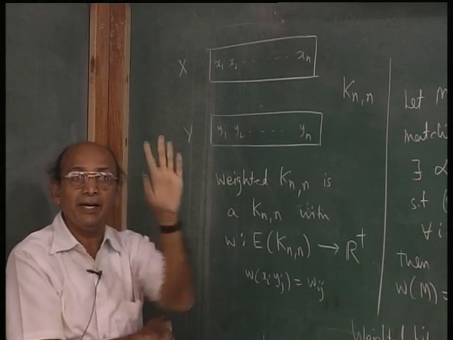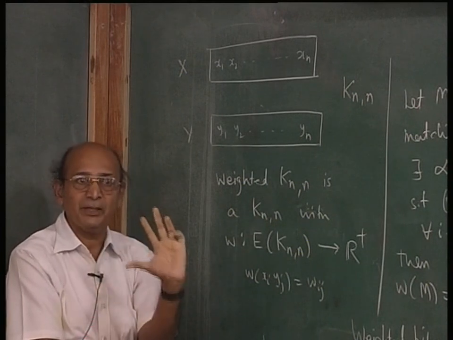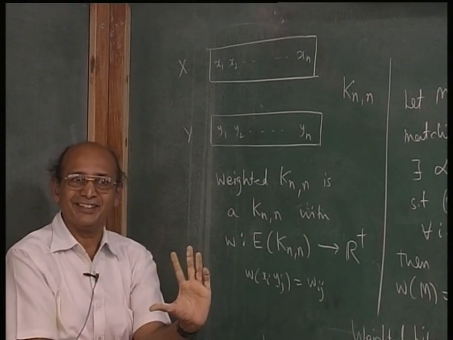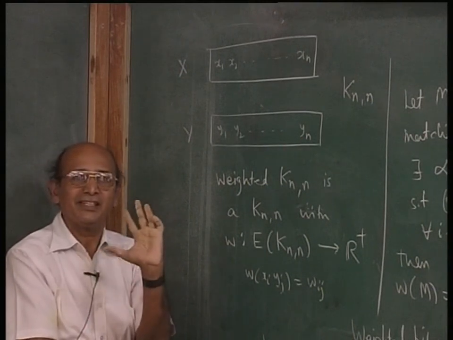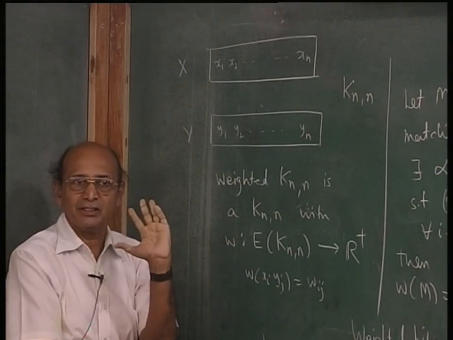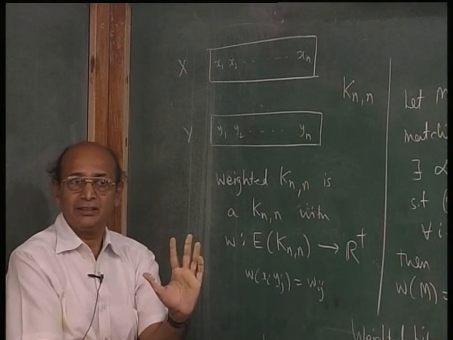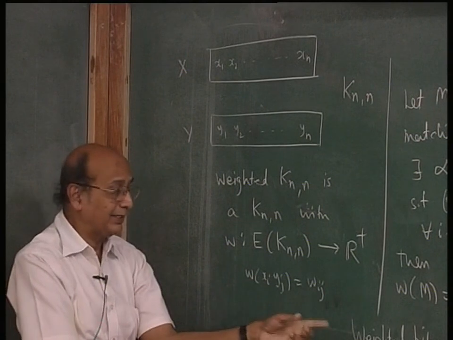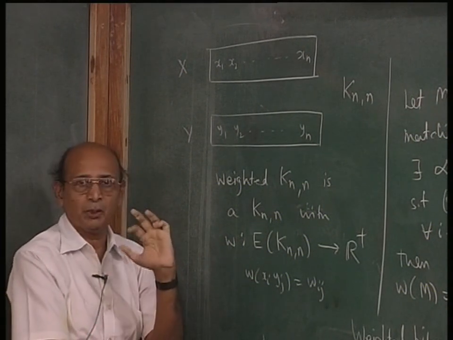You want to make a pairing in such a way that somehow you find an idea of happiness, stability in this. You want to make a perfect matching in such a way that some kind of stability is achieved. This is what is called the stable matching problem. Okay? That problem is more discrete than the weighted bipartite graph matching problem.